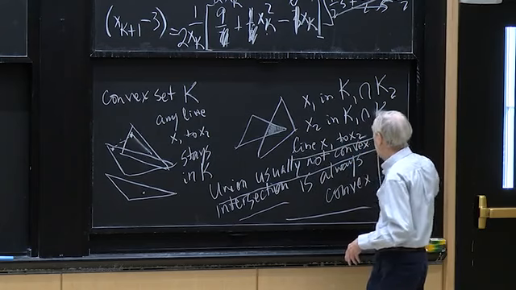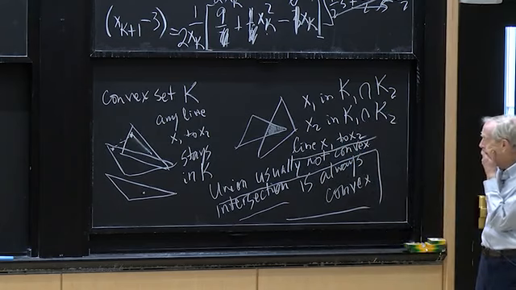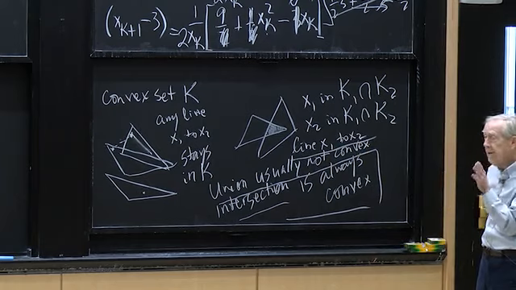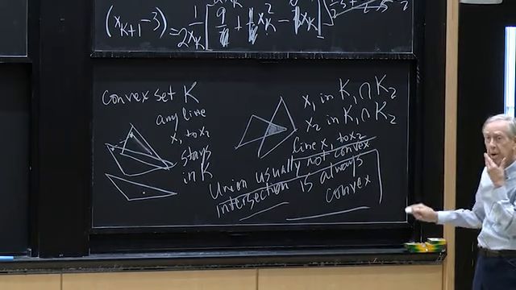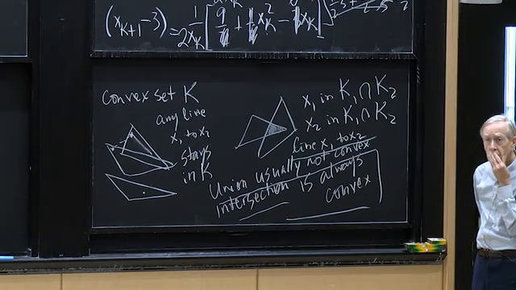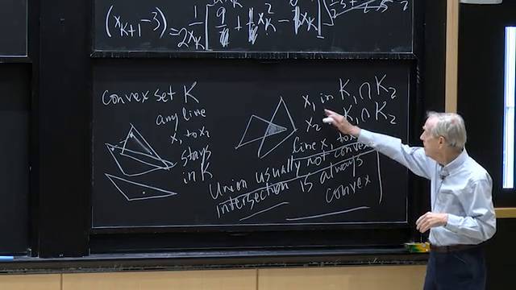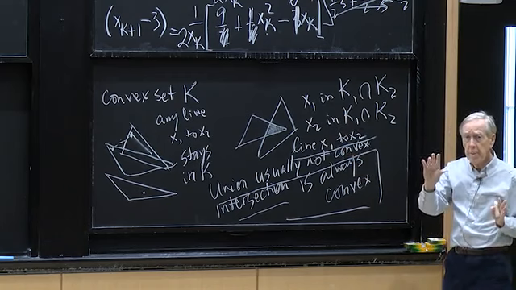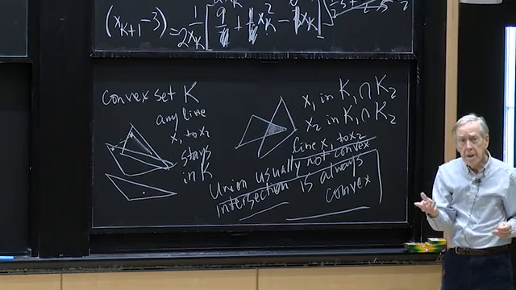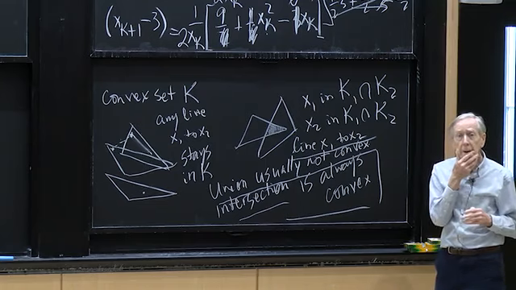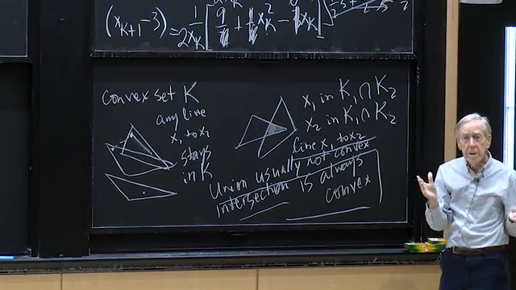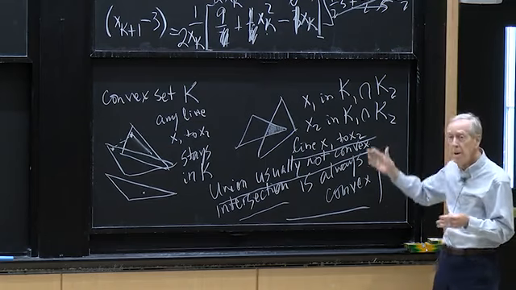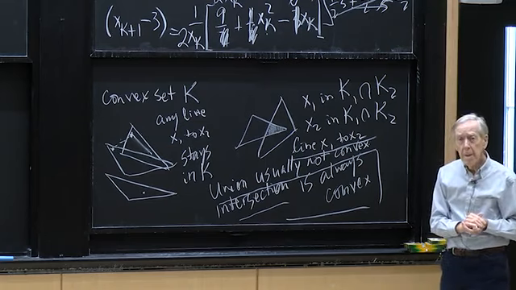What's the deal with that one? Is that line fully in K1? Why is it fully in K1? I took two points in the intersection, I'm looking at the line between them, and I'm asking, is it in the first set K1? And the answer is yes, because those points were in K1, and K1's convex.